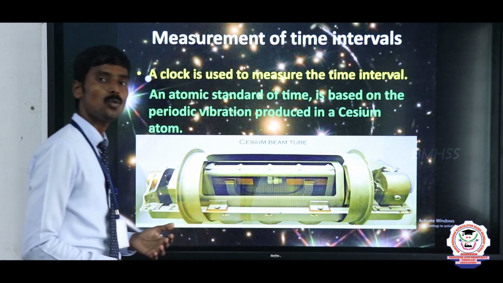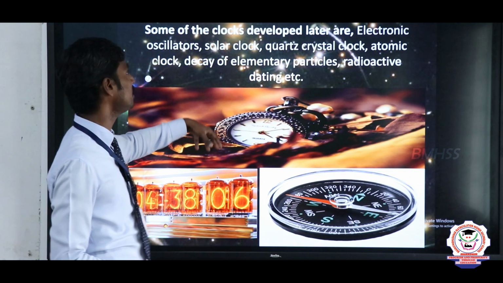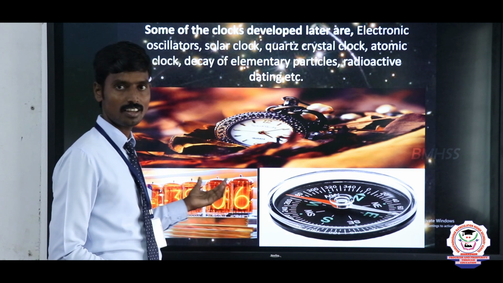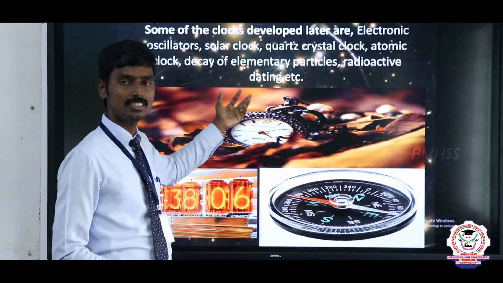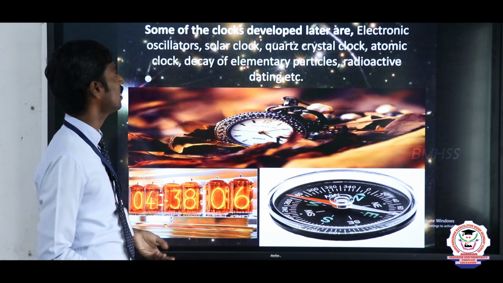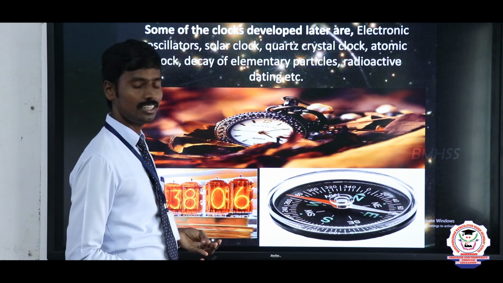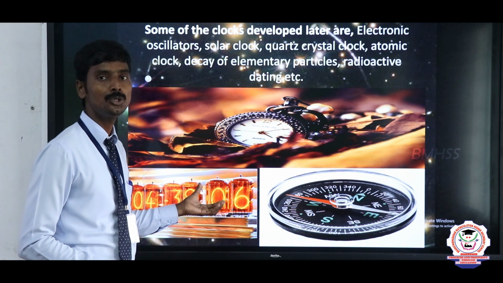We also use various types of clocks: electric and electronic oscillators, solar clock, quartz clock, atomic clock, and radioactive dating, etc., to measure the time interval between 2 events.